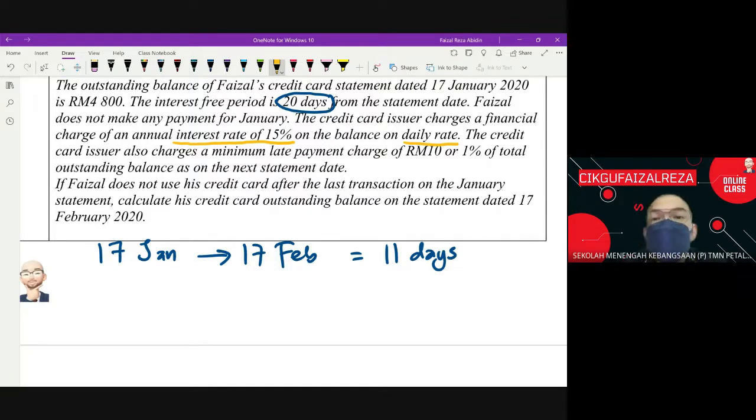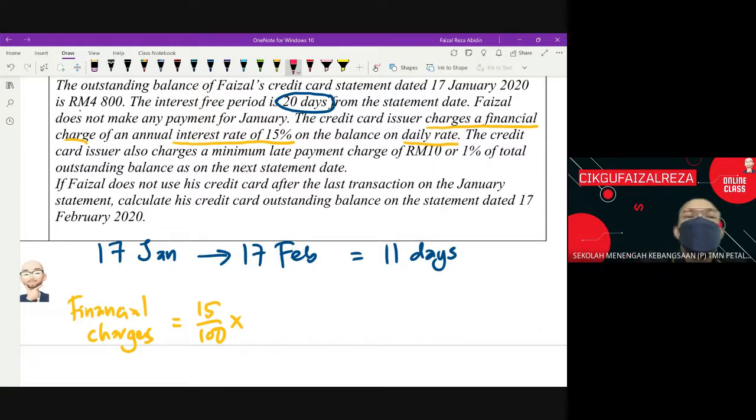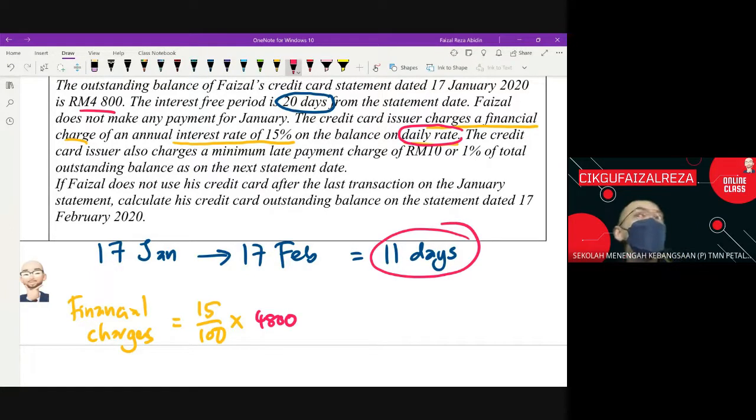It is charged as a financial charge, which is 15% of the 4,000 outstanding. What does daily rate mean? It is over 365 days. The number of days here is 11, so we multiply by 11 over 365 days. Can you find the financial charge here?